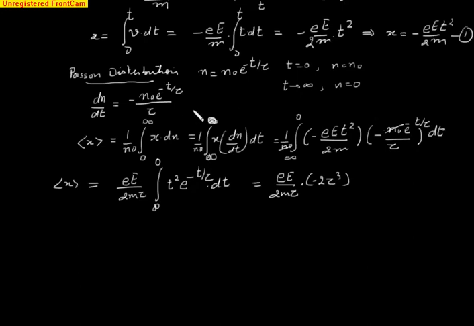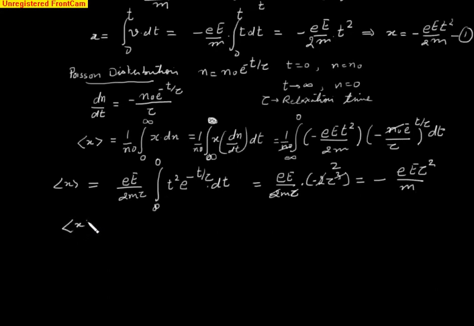We have introduced this tau here, and this tau is called relaxation time, and relaxation time is the average time between two collisions. So here 2 cancels, one tau cancels, and we get minus E times electric field times tau square divided by m.